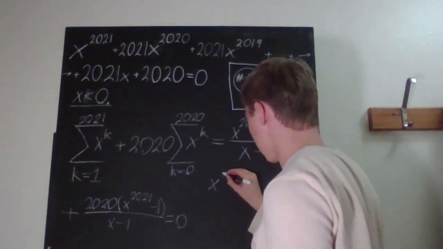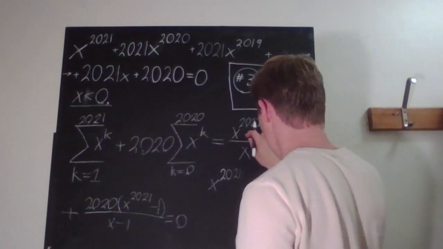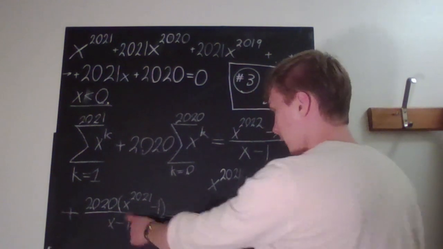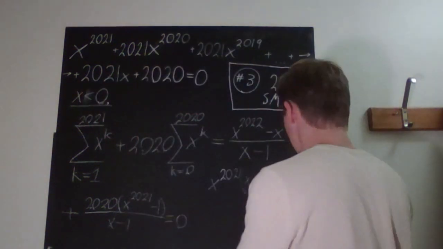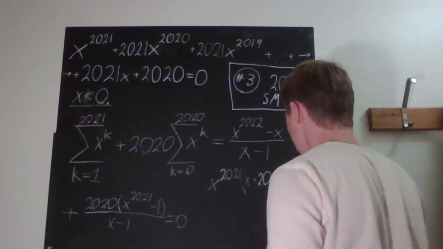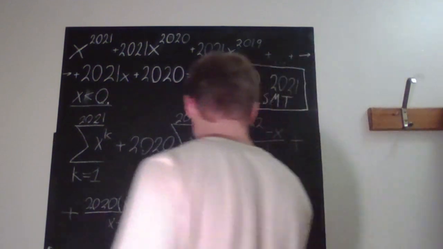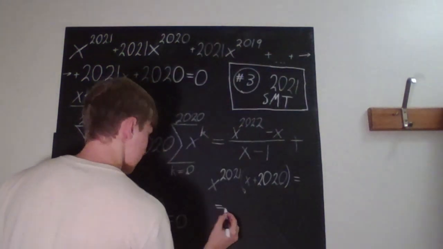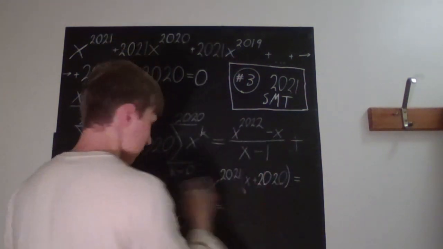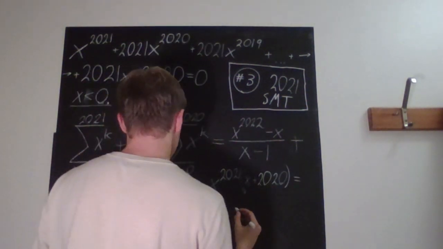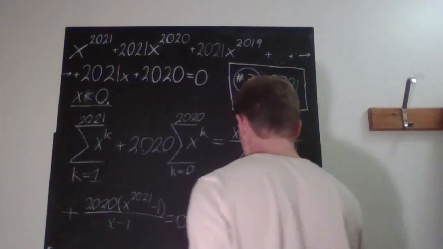So we have x to the power of 2021 times x plus 2020, and then we have that this thing is going to be equal to x, we move the minus signs to the other side, so we have x plus 2020.